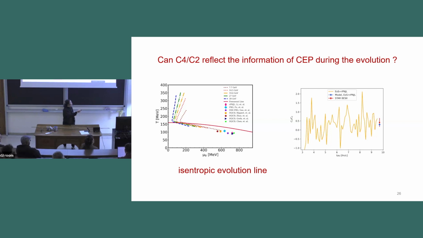Yeah, maybe for low energy, for example, 5 or something GeV. So maybe it will go through like this. I mean, if you have this system evolve like this, cross this critical point, then you may find the signature.